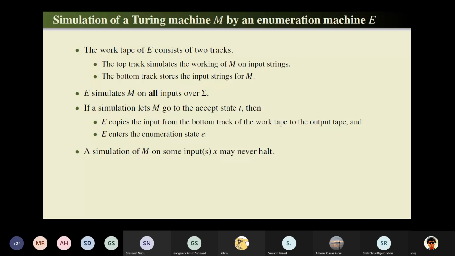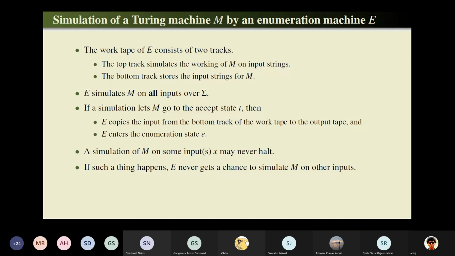So E must simulate M on all inputs, and if it gets stuck forever on one particular input, it will never get the opportunity to simulate on the next input. So this is not desirable. If such a thing happens, it never gets a chance to simulate M on the remaining inputs.